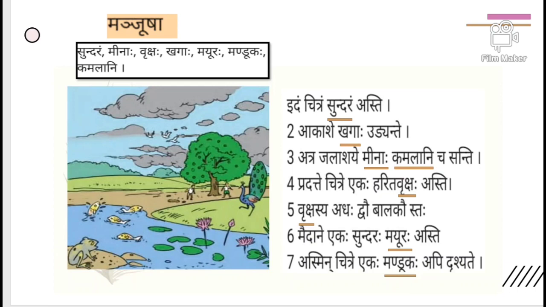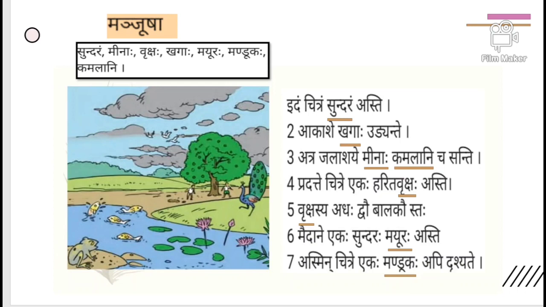And examples I am going to give you. Vrikshasya Upari, Vrikshasya Adhah, Gramat Bahih, Ramena Saha, Vriksham Paritah. This is Dvitiya Vibhakti. Now, we can use Atra.